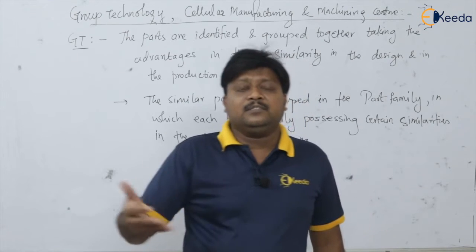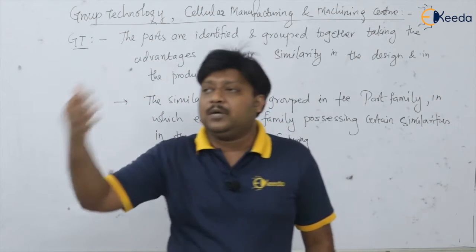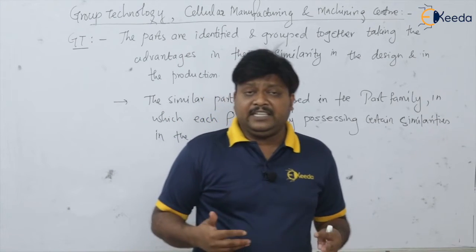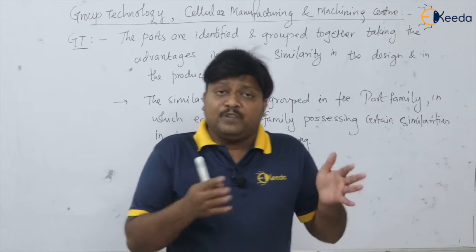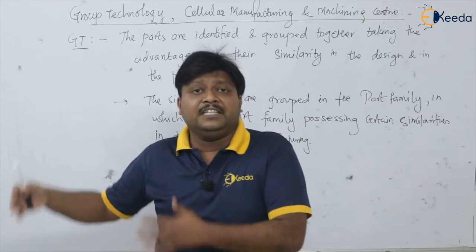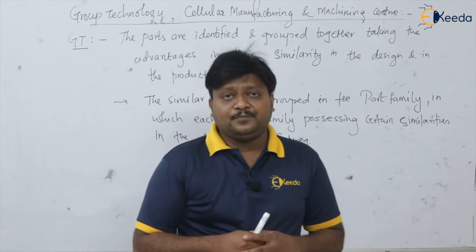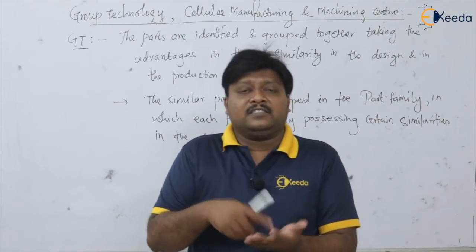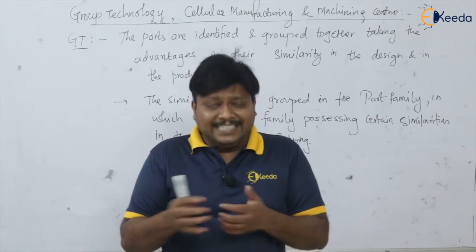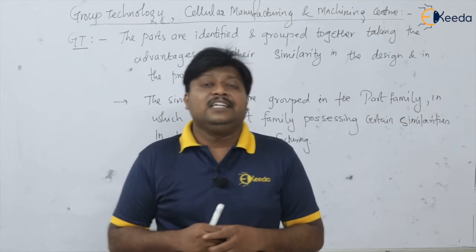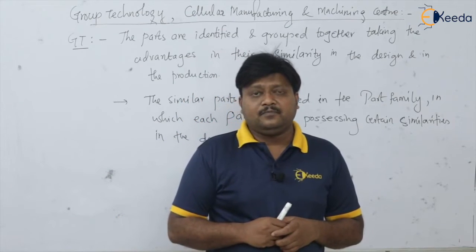Suppose I am grouping these part families like part family A, part family B, part family C. Then the expectation is that I should manufacture those parts in shop floor A, shop floor B, shop floor C, like that, so that the overall movement of the part in manufacturing goes on decreasing, and a reduction in the manufacturing lead time is possible.